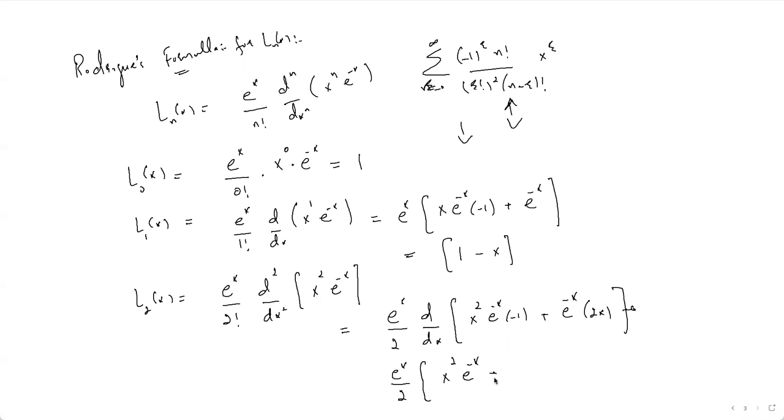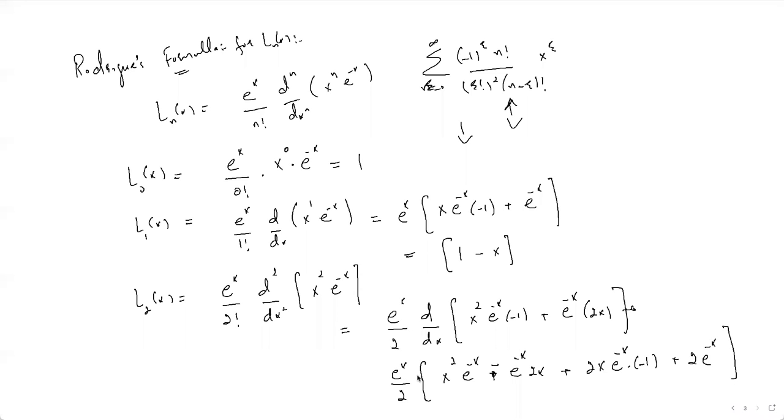Then minus e to power minus x into 2x. Plus similarly here it will be 2x e to power minus x into minus 1, plus 2 e to power minus x into 1.